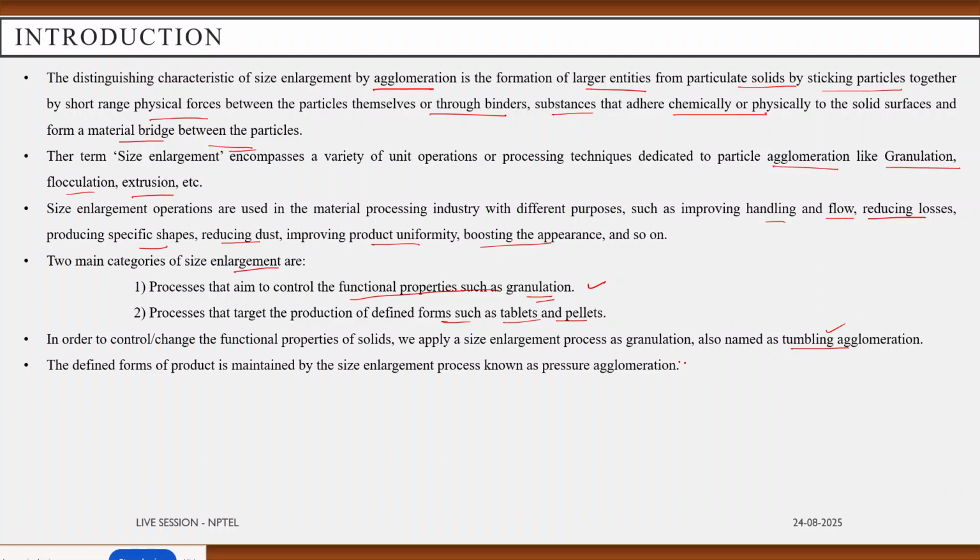There are different kinds of granulation processes. The defined forms of the product are maintained by a size enlargement process known as pressure agglomeration. This pressure or compaction agglomeration is basically a dry granulation process.